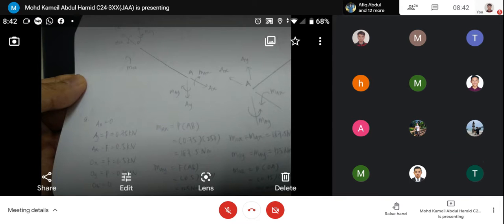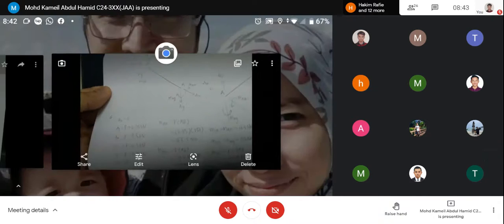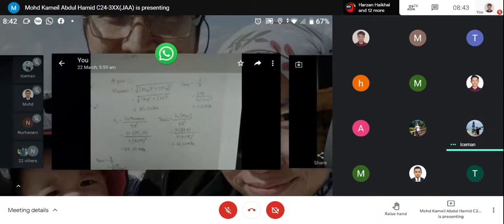Dan MAX ni pula adalah reaction daripada, saya rasa MAX ni adalah torsion yang terhasil daripada force. Dia adalah torsion daripada satu lagi batang A ke belah kanan tu. Okay, good. Okay, that's right. So MOX is torsion.